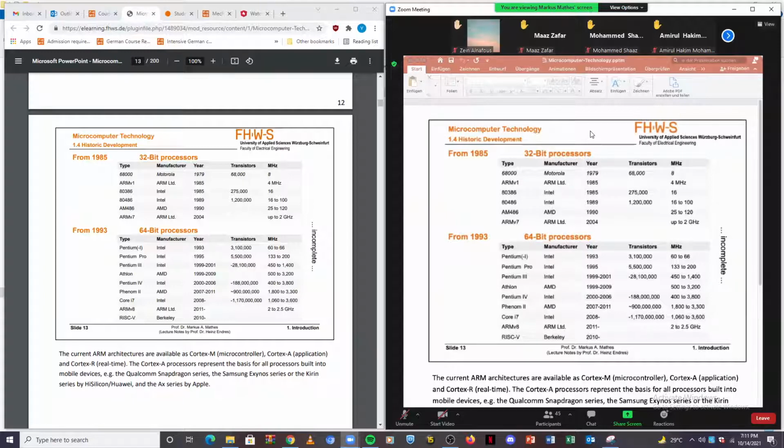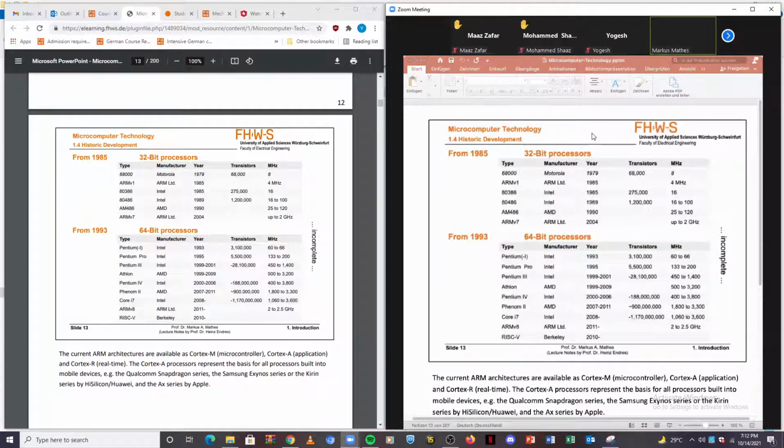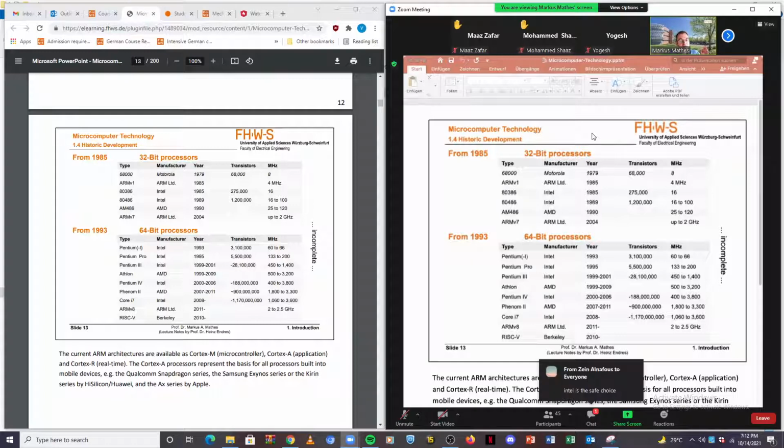And not really because Intel was better or faster, but Intel offers the original instruction set. So the first PCs offer an x86 instruction set.